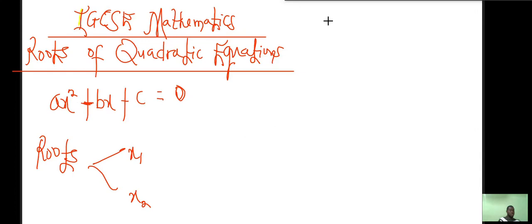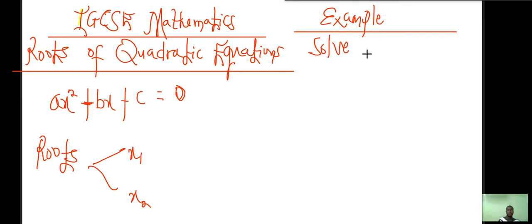If we have a quadratic equation, let's say we have to solve x squared plus 2x minus 8 equals 0. We want to solve that.